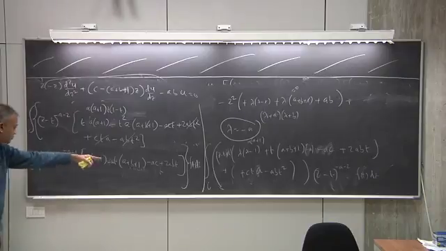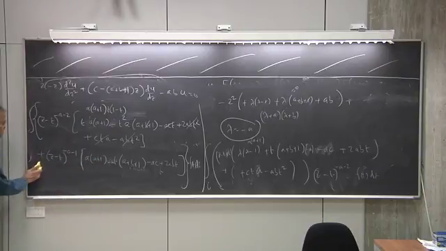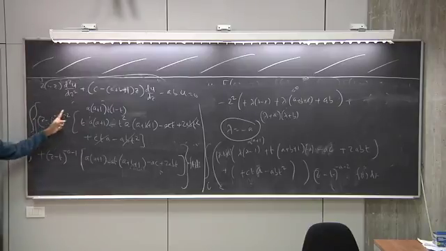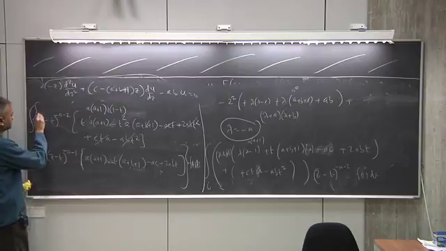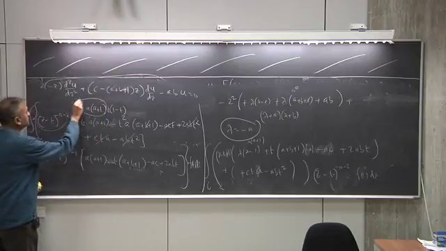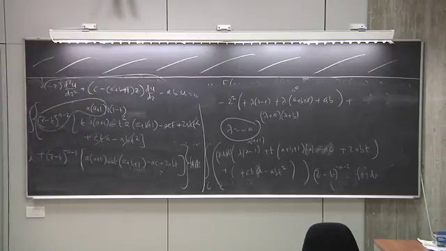This one is more complicated. Okay. So now what I can do, you see, if you look at this term here, this term is the same as two derivatives with respect to t of this thing raised to the minus a, right?